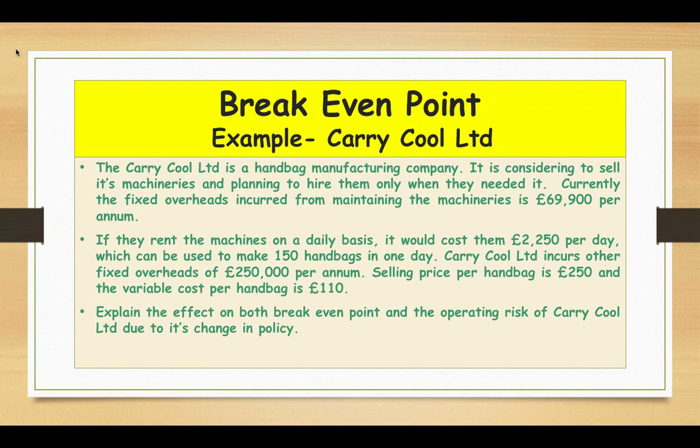Before that, £69,900 was fixed overhead. Now they're going to hire it on a daily basis, so this £2,250 becomes a variable cost per day, because they're not going to keep it forever. They're going to hire those machineries whenever they need it.